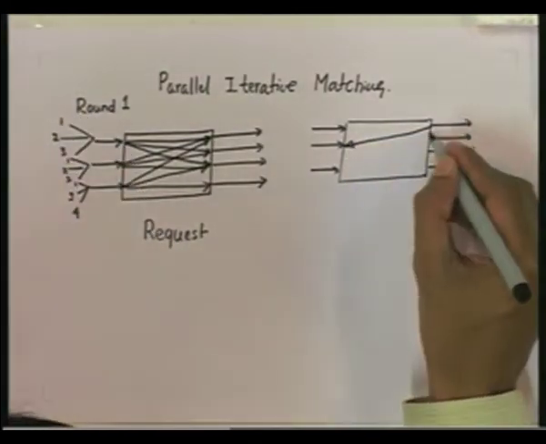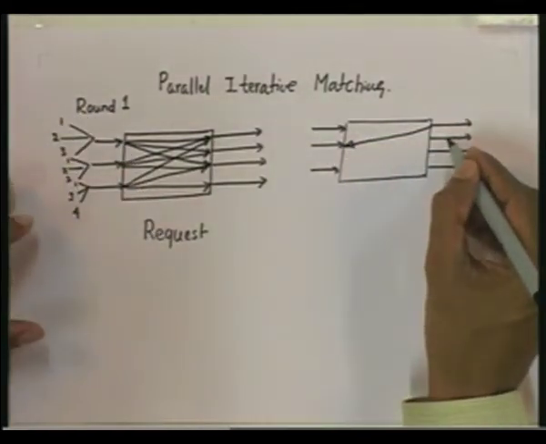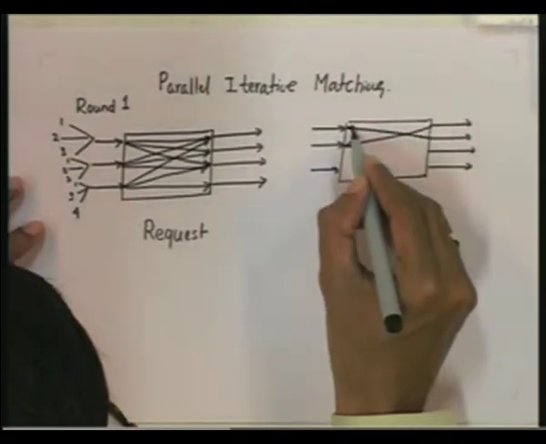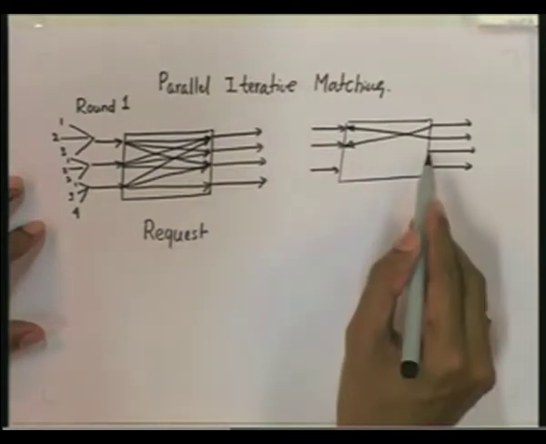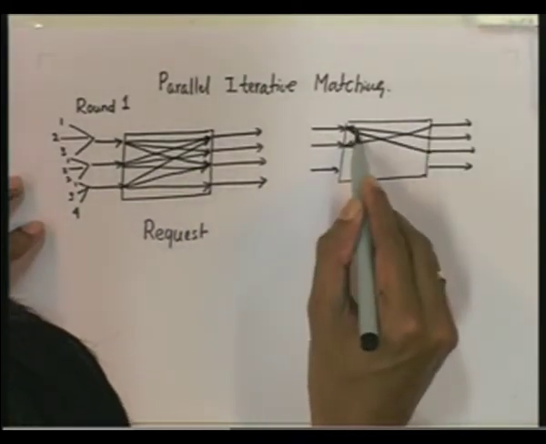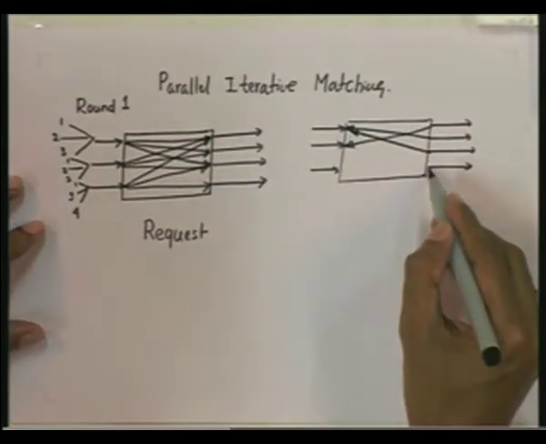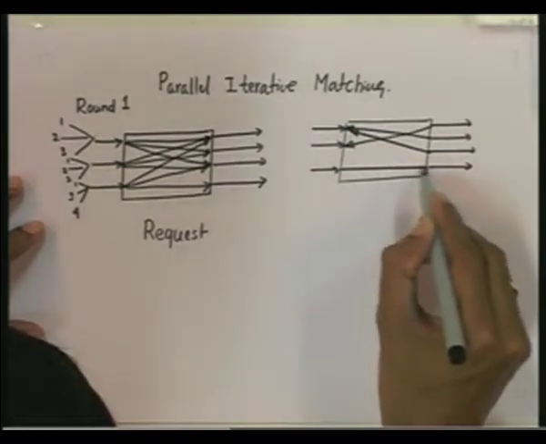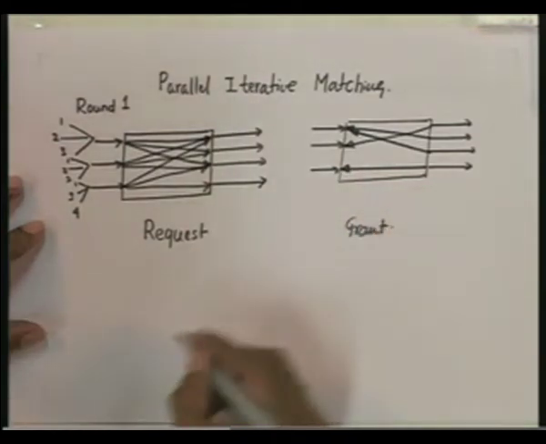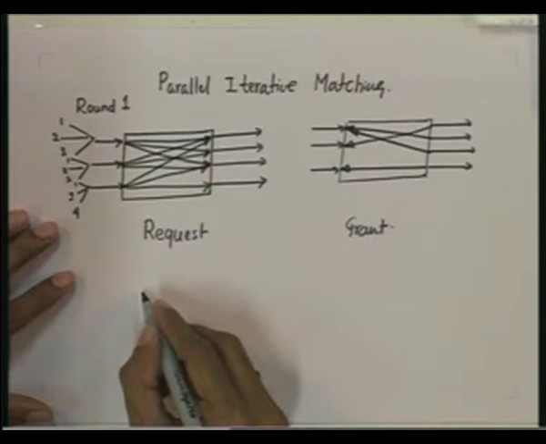It randomly selects one of the 3. Then output port 2 gives a grant to input port 1, and output port 3 also, let us say, gives a grant to input port 1, and of course, output port 4 gives a grant to input port 3. So, this is the grant phase.